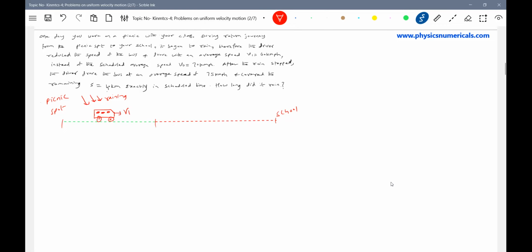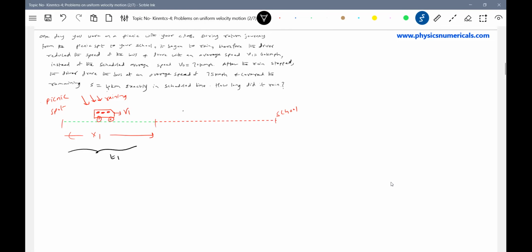With a V1 instead of the scheduled average. So he will cover a distance, say let it be X1. Then afterwards, after the rain stopped, this is for a duration of time during which the rain will occur. So this is the time T1.